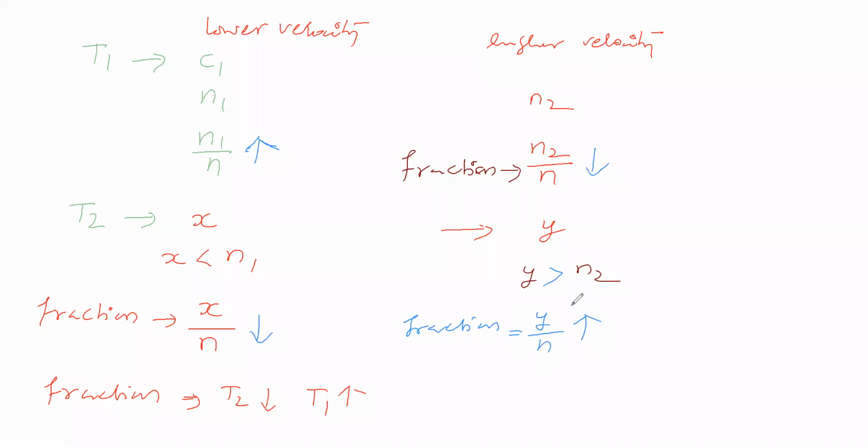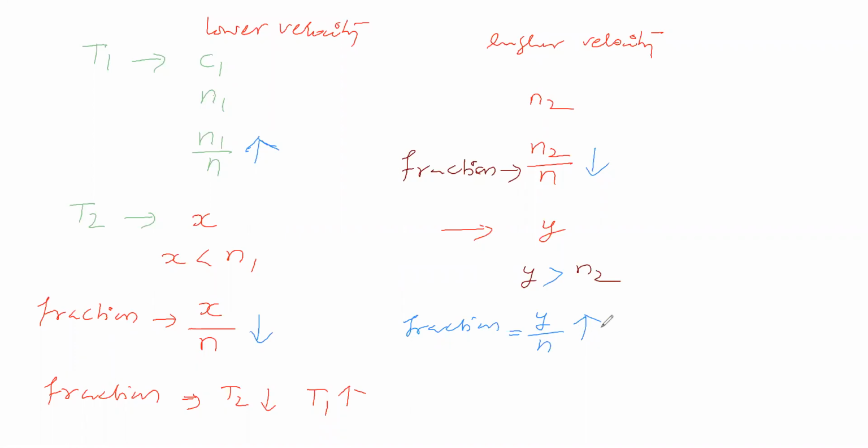So see this conclusion. When temperature is high, lower velocity means a lower fraction of molecules, and higher velocity means a higher fraction of molecules. So the conclusion is that at higher temperature, lower velocity is possessed by a lower fraction of molecules and higher velocity is possessed by a higher fraction of molecules.